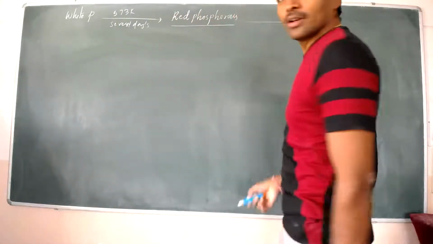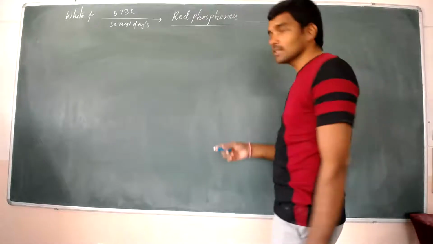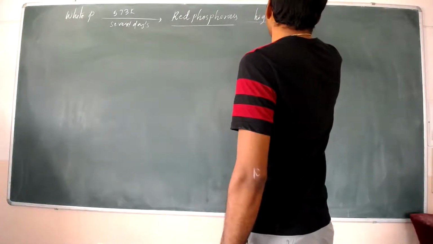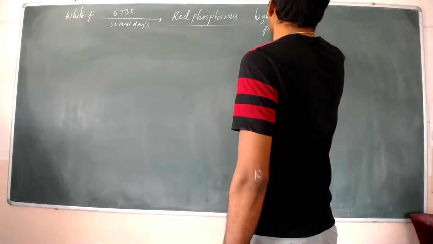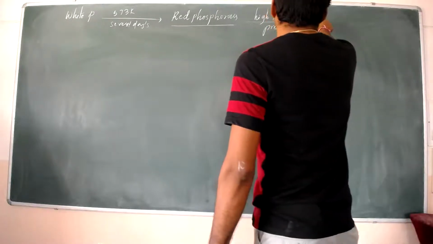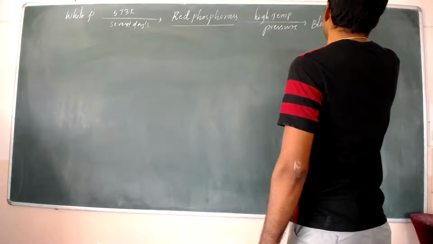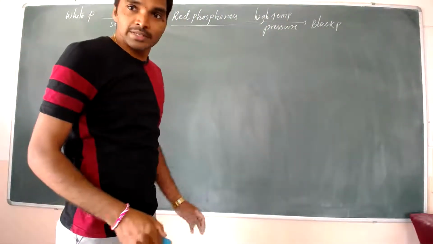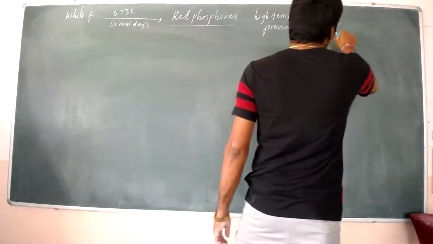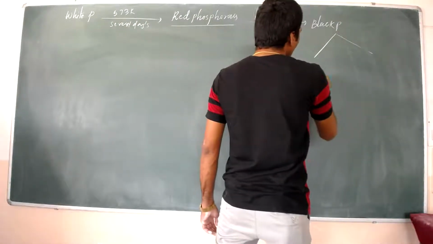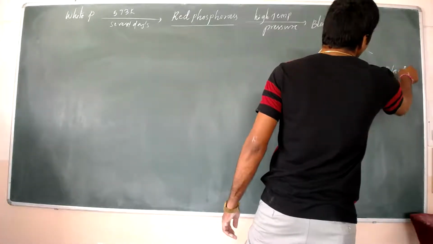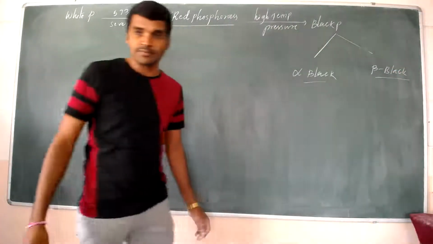This red phosphorus is heated at high temperature and pressure. Then black phosphorus is formed. That black phosphorus gives alpha black phosphorus as well as beta black phosphorus, two types of series.